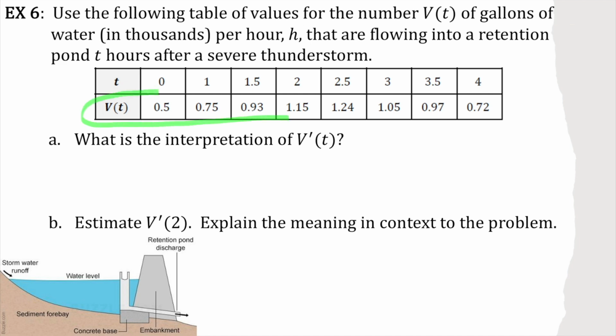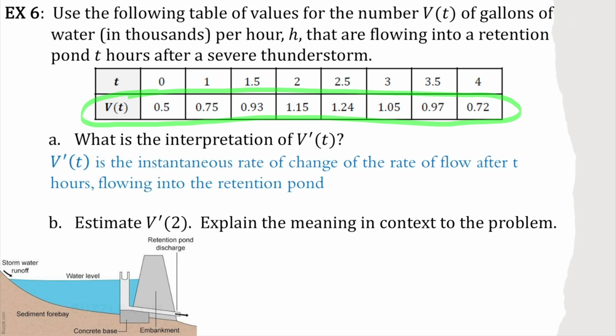So just note, V of t here is already a rate. So what is the interpretation of V prime of t? V prime of t is the instantaneous rate of change of the rate of flow after t hours flowing into the retention pond. So it's a rate of a rate.